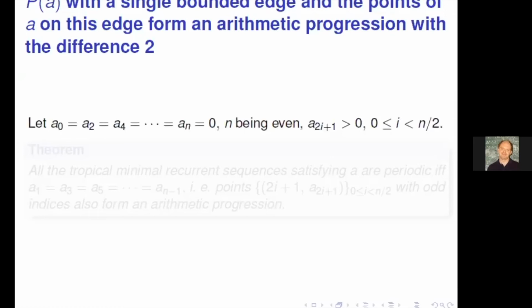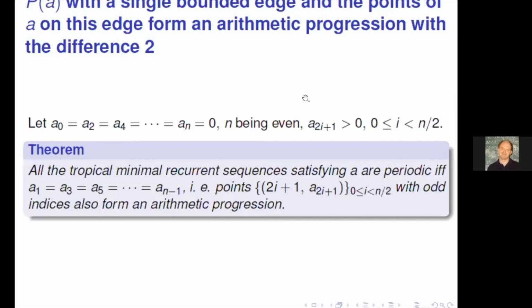So the situation is the following: the even points are zeros, and clearly n is also even, but the rest of the points are strictly positive.